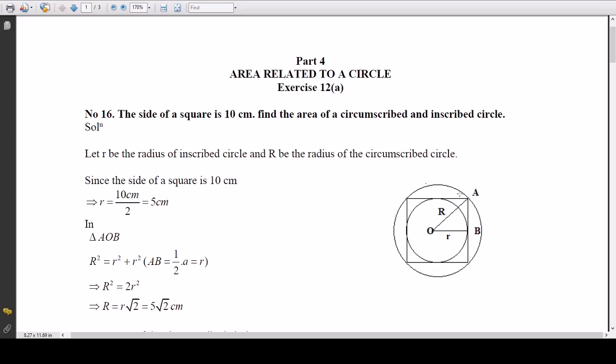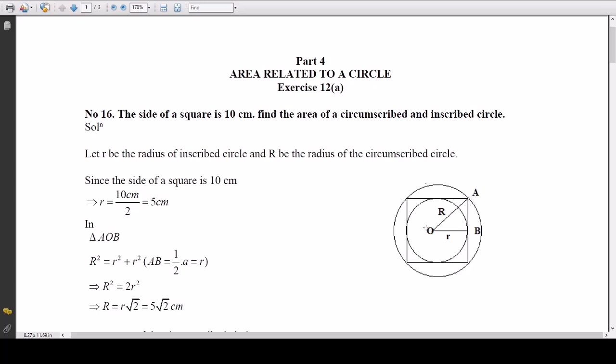Now how to find out? We'll consider this triangle AOB. This is a right angle triangle AOB. Now using the Pythagoras theorem, AO square, the square on the hypotenuse, is equal to the sum of the squares on the other two sides. That means the length AB is also equal to r, isn't it?